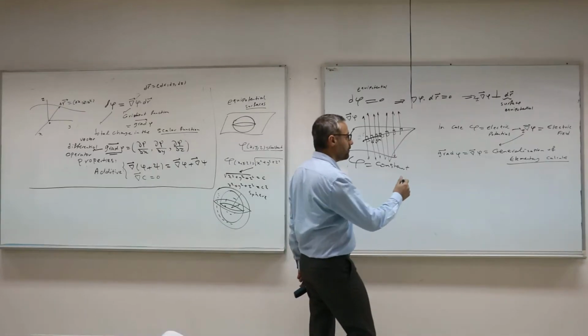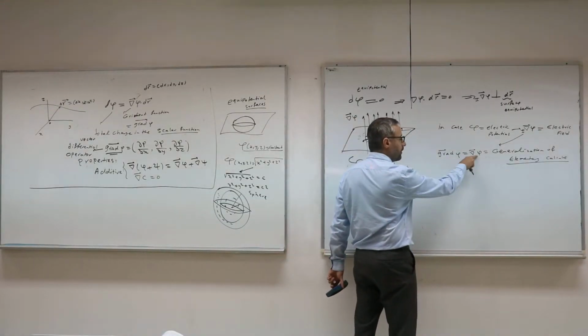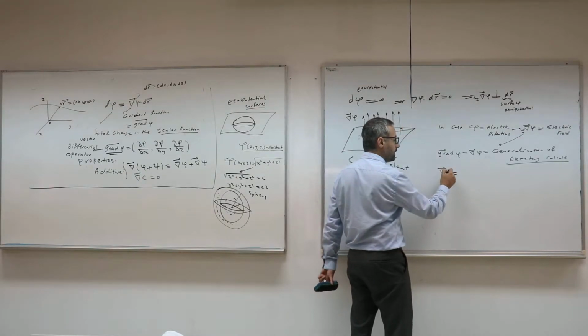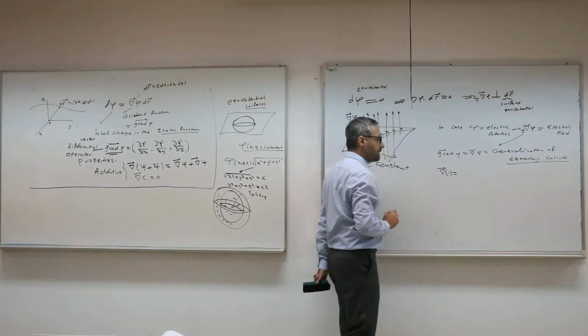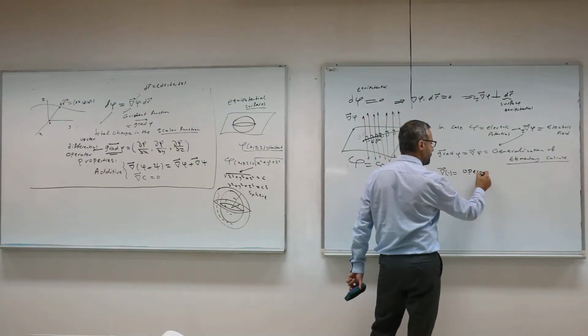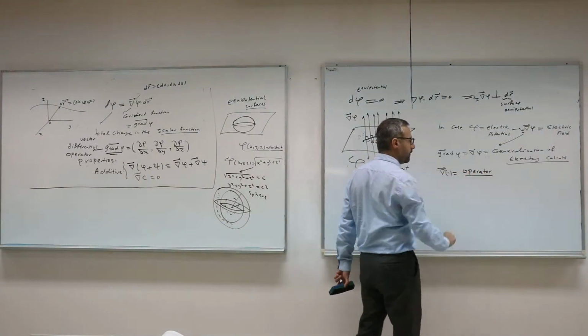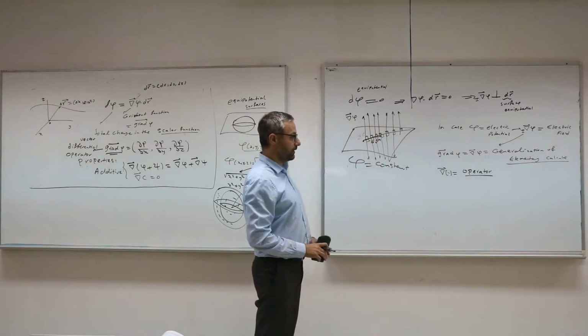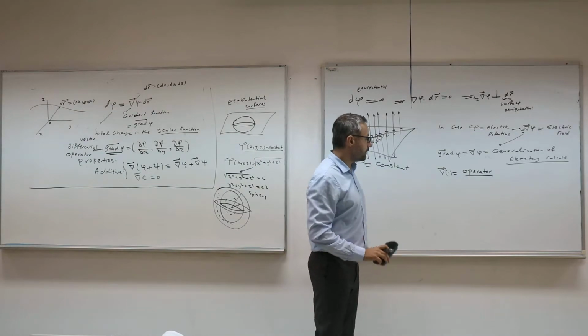Why do you call it an operator? Because it can act over any functions. I can forget about what is written here and just call it the gradient operator. You can put any function here and get the gradient of that.